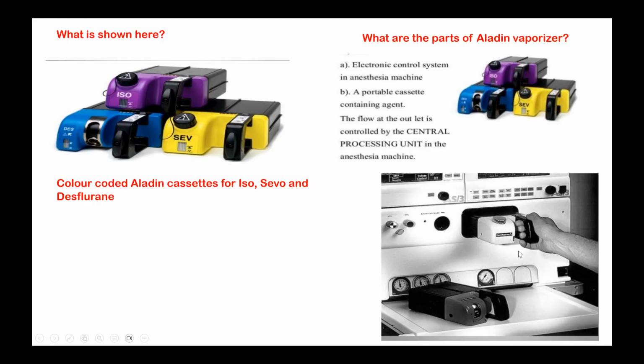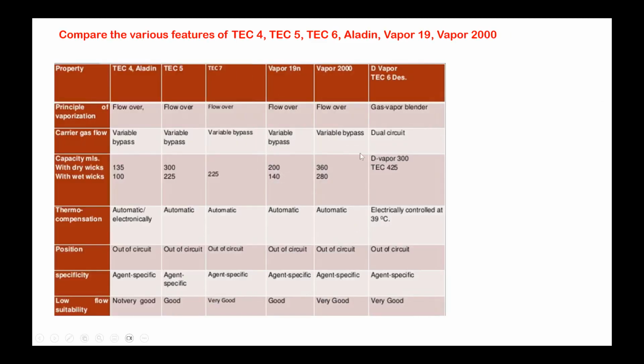This is the method of inserting the Aladdin cassette into the machine. Whatever machine has this type, you just press it inside, and by pressing a lock, you can remove it. By just pushing it in and pressing, you can insert the cassette. So these are all the differences between the various types of cassettes.